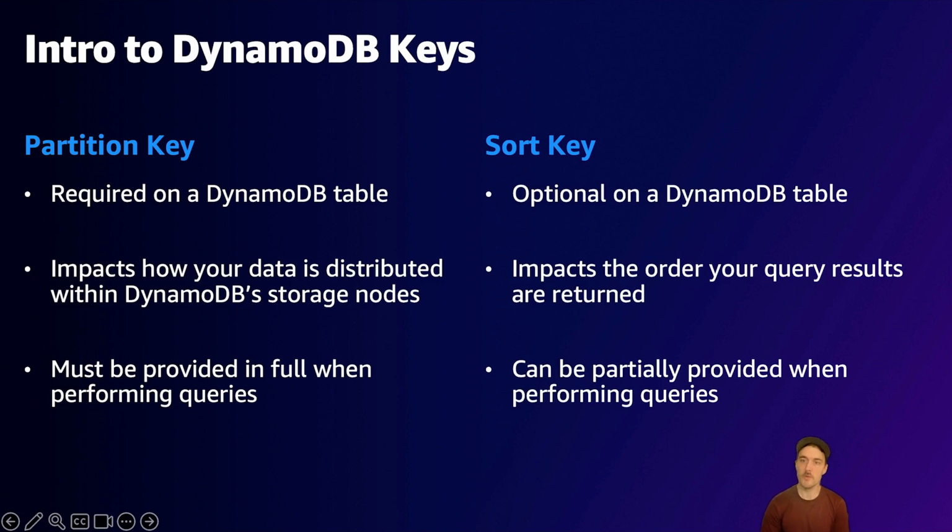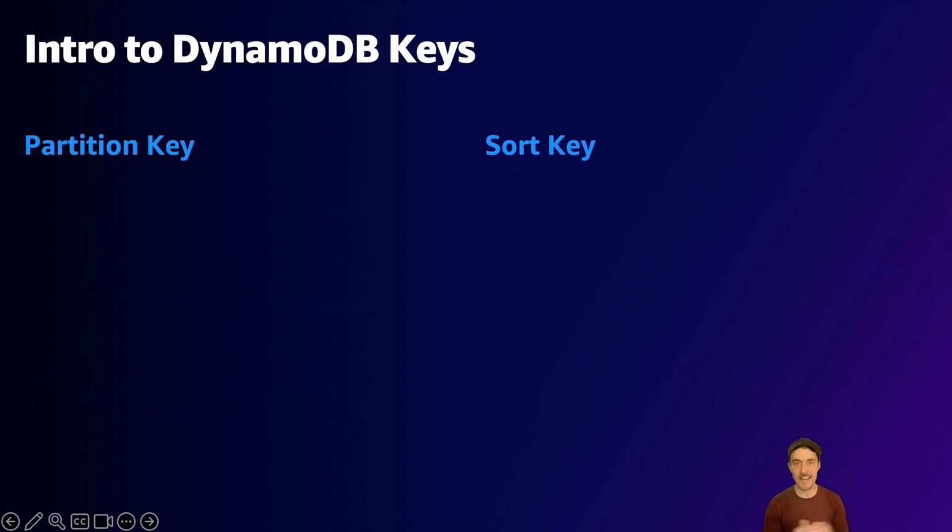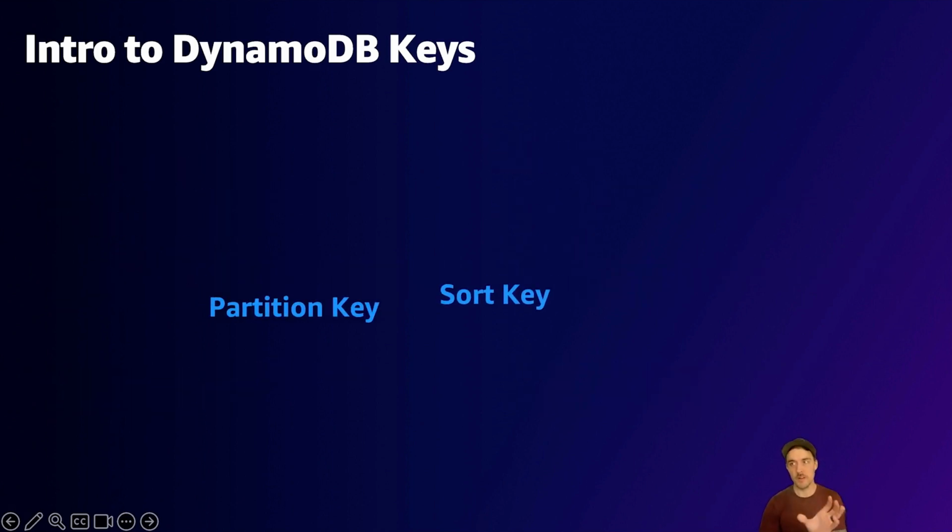Considering the sort key in terms of both its sorting and its ability to be partially queried is probably one of the biggest things you can do to improve how you retrieve data out of DynamoDB, both performantly and ergonomically. A common misconception is that the partition key is the equivalent of a primary key. The reality is when you have a sort key and a partition key together, those are going to equal your primary key.